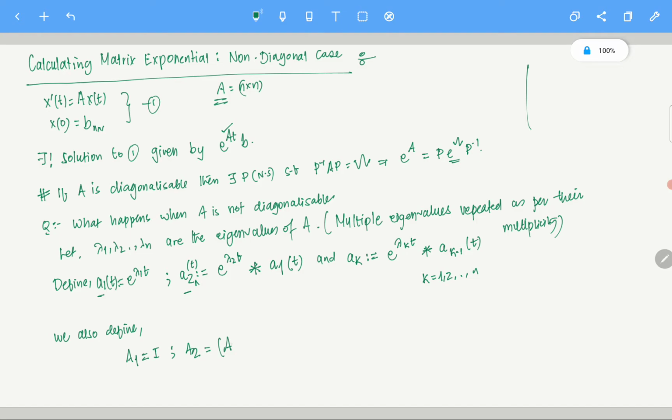So A minus lambda 1 of identity, times A1. So basically identity is essentially A1. Let me put it this way, A1, that will be more clear.